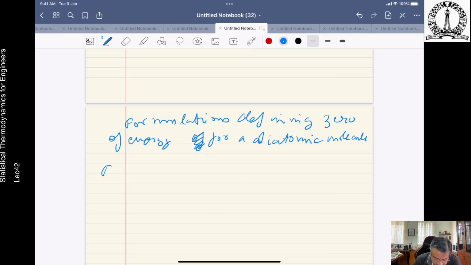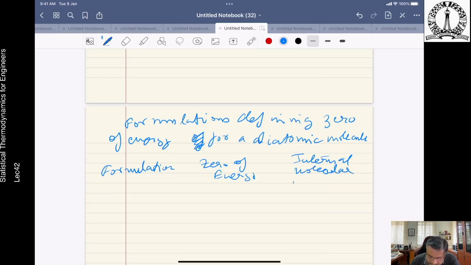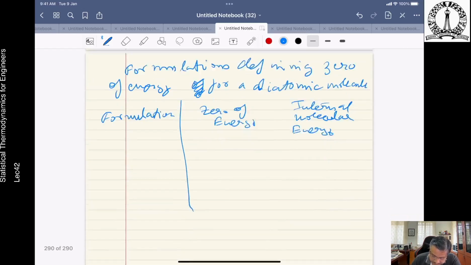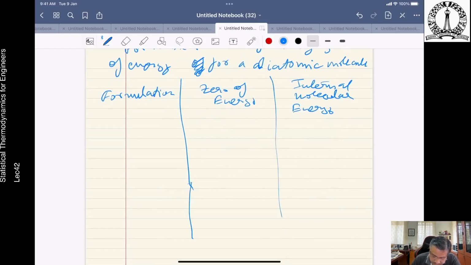Okay, so first we write the formulation, then the zero of energy, and then the internal molecular energy. All right. So the formulation T naught, which we already know what it is.